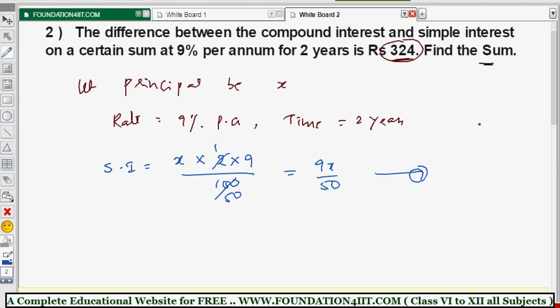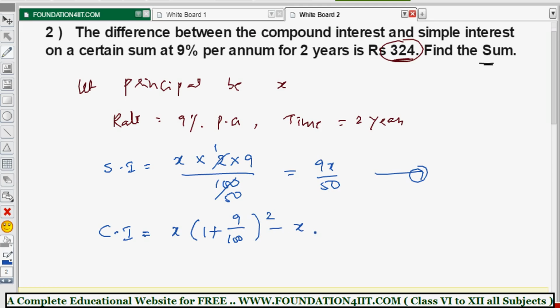And from the same data, compound interest. So the compound interest formula, we know it. P into 1 plus R by 100 whole power n minus P, right? So that formula applies. That is x into 1 plus R by 100. So 9 by 100 whole to the power 2 minus P, again x.